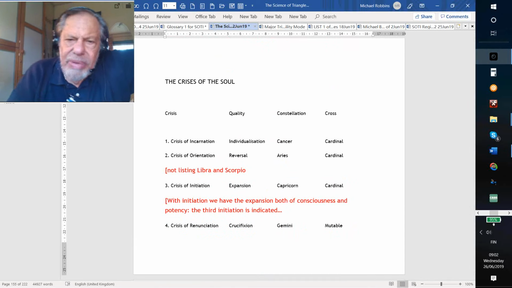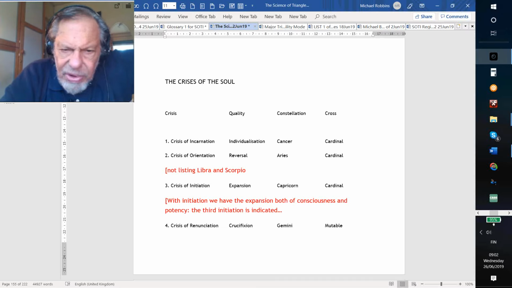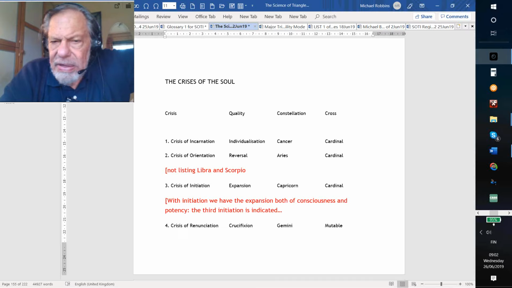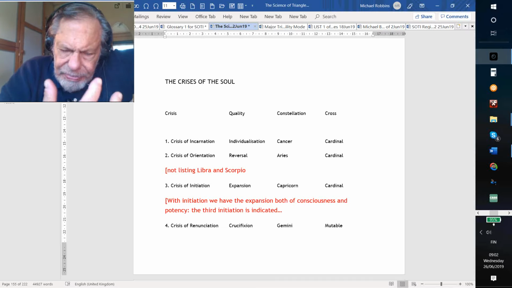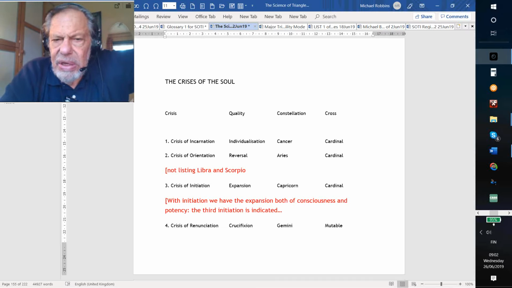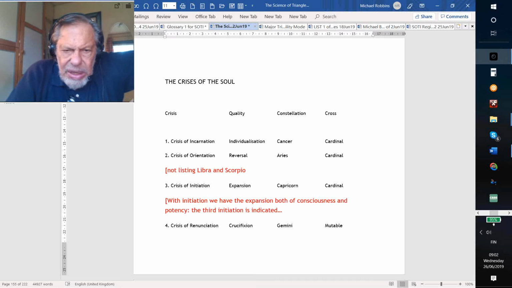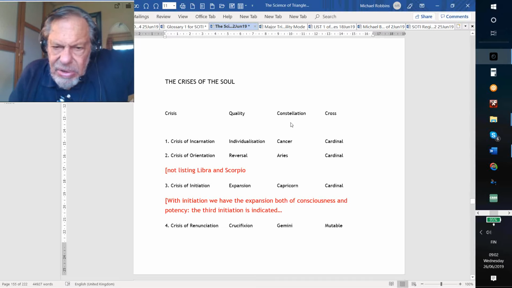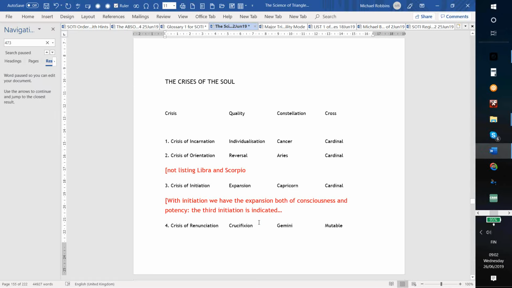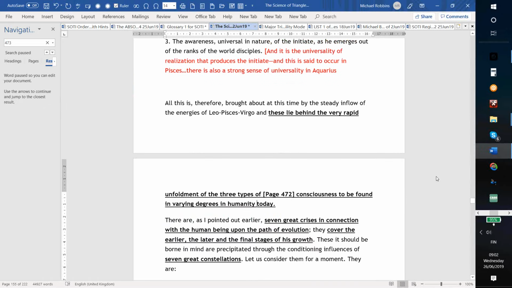If you're working along the baseline, initiate of the 4th, 5th, or 3rd, and at the evocative center, the earlier initiations are found. So this will be a very important document, the crises of the soul, and I think we'll find it quite interesting why certain signs of the zodiac should be involved in certain crises.